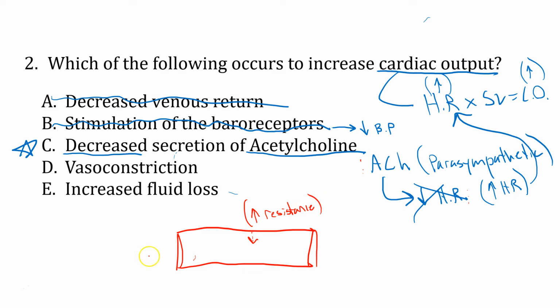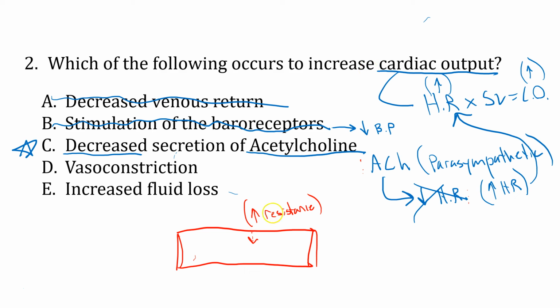And when you increase the resistance, you're basically making it harder for stuff to flow through it. And so this is actually going to make it harder for the heart to push blood through, which means you may have less cardiac output, because given this, we're not told that the heart is doing stuff to match this increase in resistance.